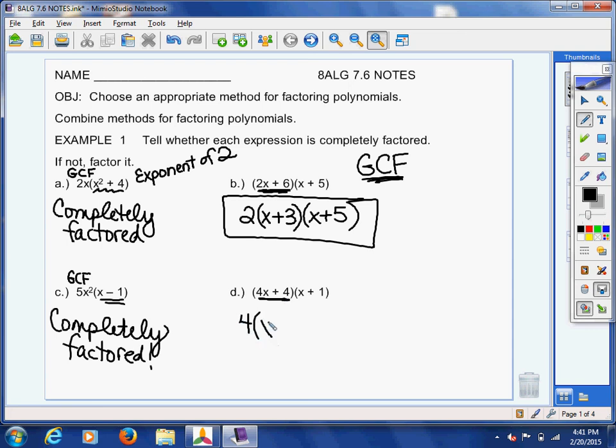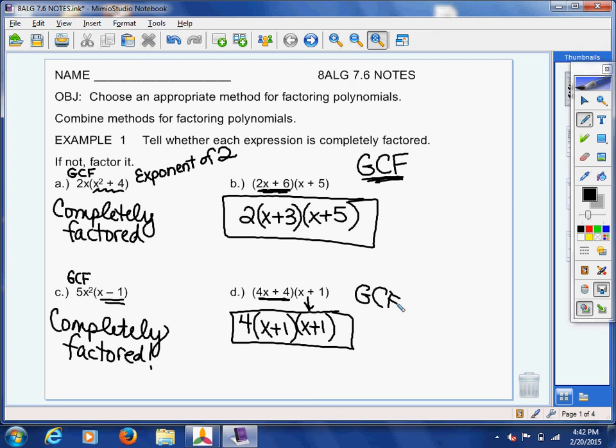That's going to leave me with x plus 1, and then I'm going to drop down that other x plus 1. Now I am fully factored, and this is it. I pulled out a GCF. There were no squared variables, so I didn't need to worry about factoring a difference of 2 squares or factoring a trinomial. I just needed to look for a GCF in the 2 binomials there.